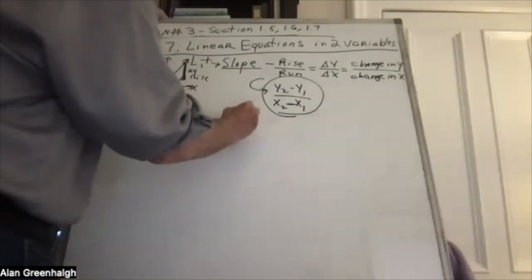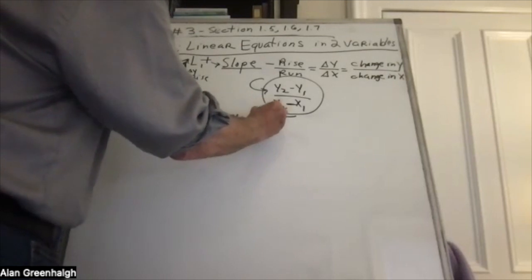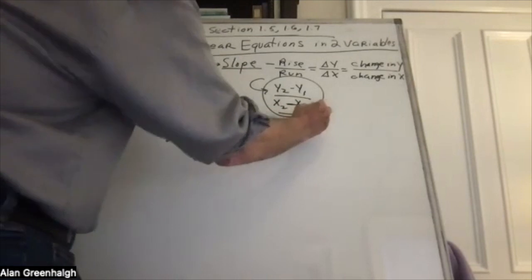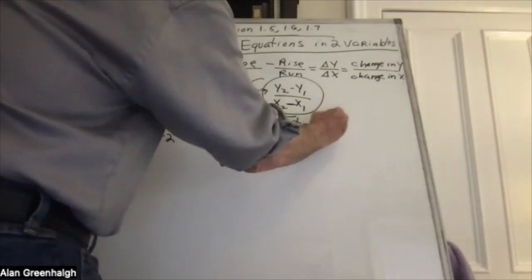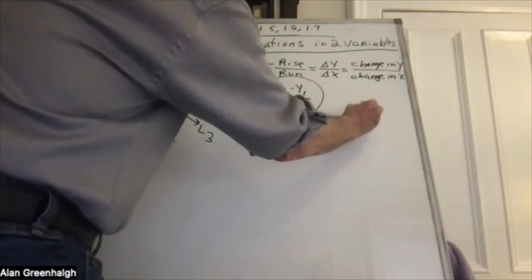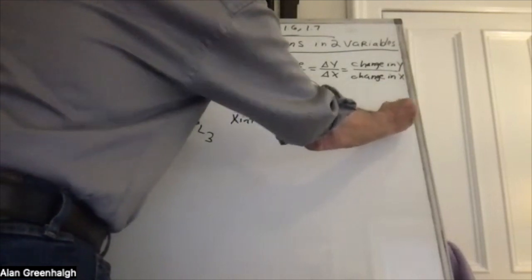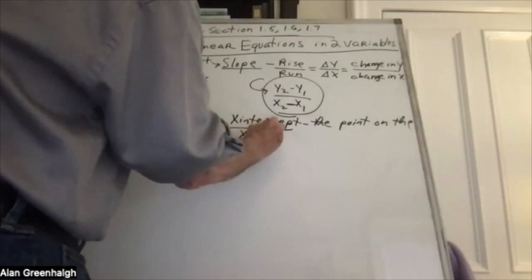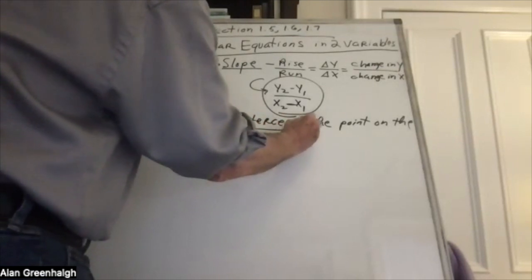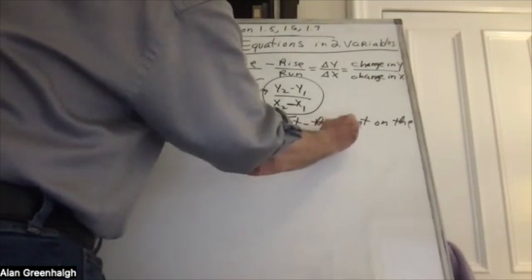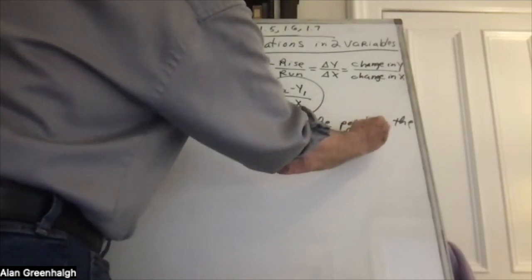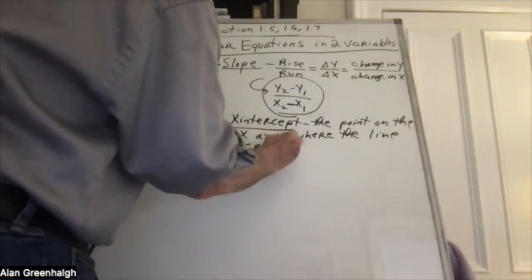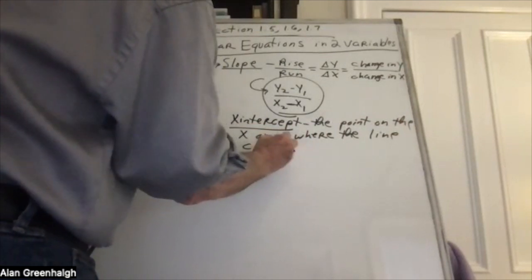The x-intercept is very important. The x-intercept is defined as being the point on the x-axis where the line crosses the axis.